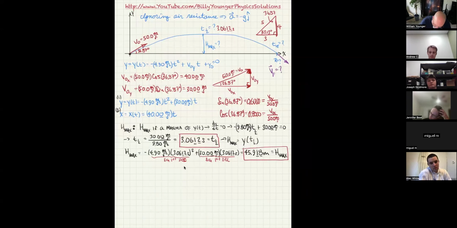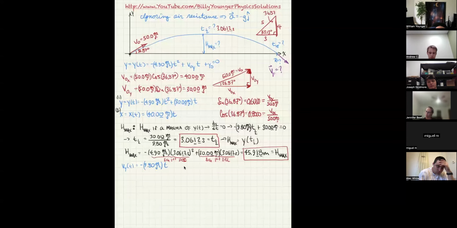So we now have v sub y of t equal to negative 9.80 meters per second every second times t plus 30.0 meters per second. I'm going to call that equation 3.